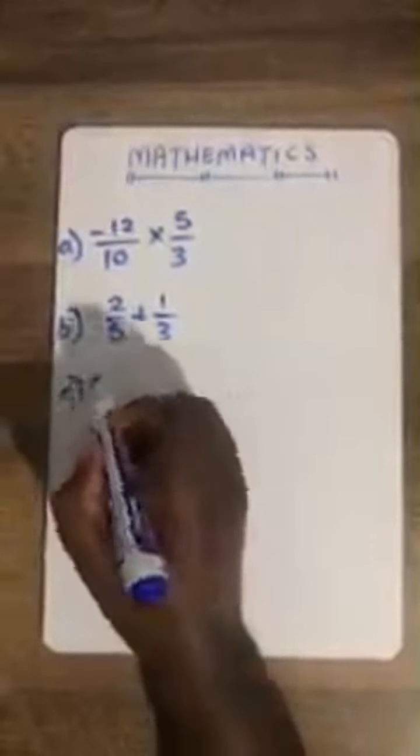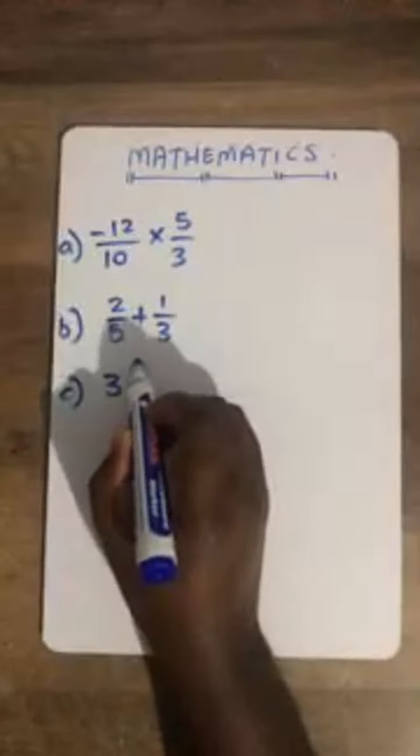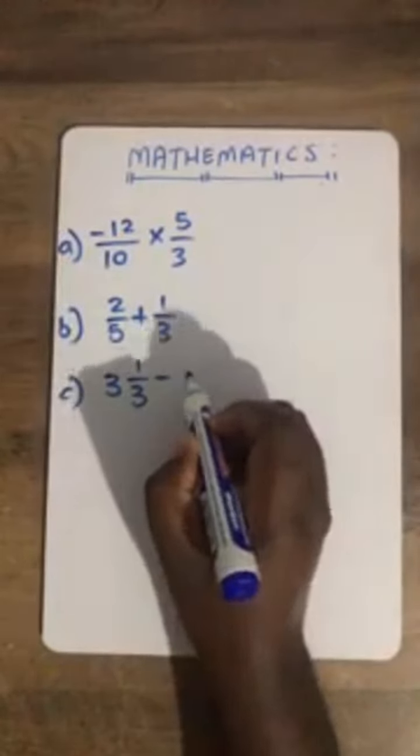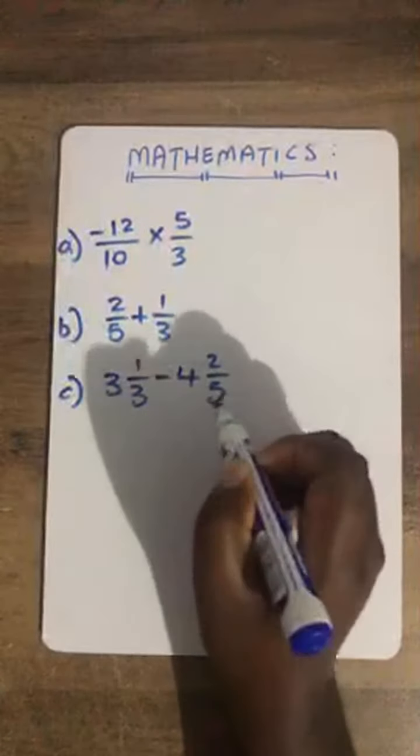C, I will give you 3, 1 over 3 minus 4, 2 over 5.